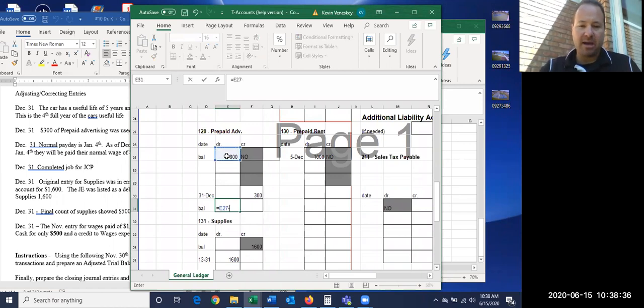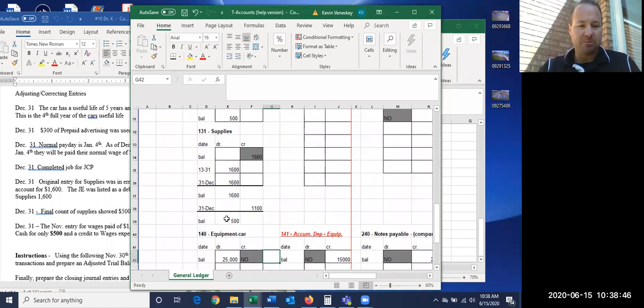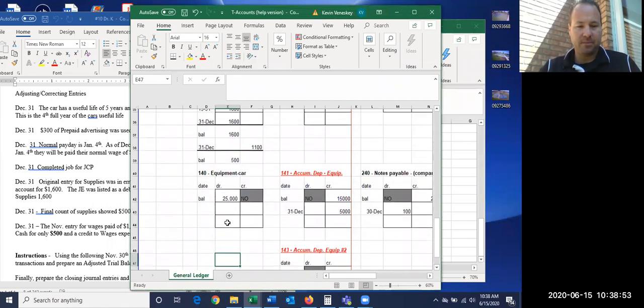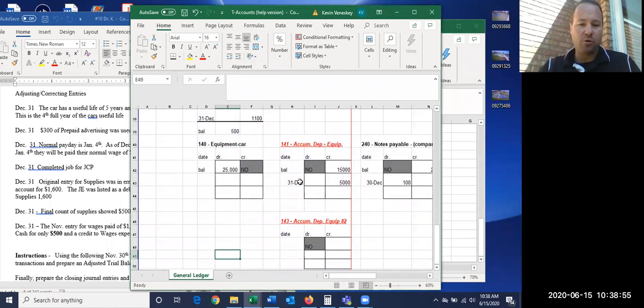The 800 minus the 300. Nothing happening with the prepaid rent, so I can leave that alone. Supplies, I've already balanced it while I was doing it. And my accumulated depreciation, I can go ahead and update it as well. I don't have anything to subtract. I can just add these two together.